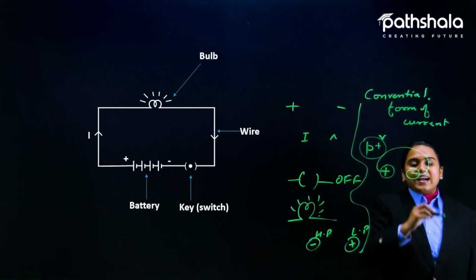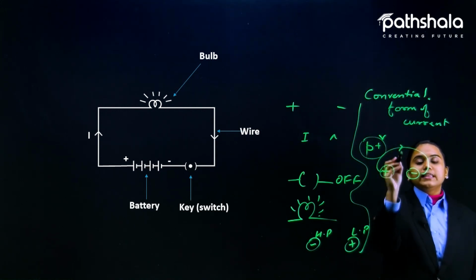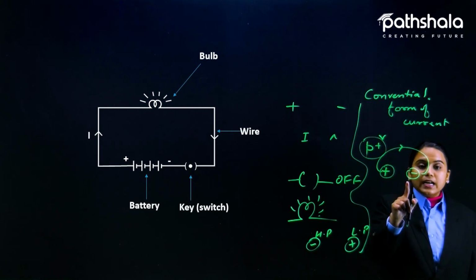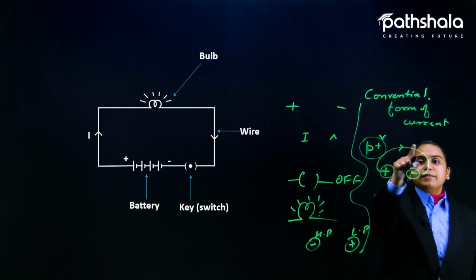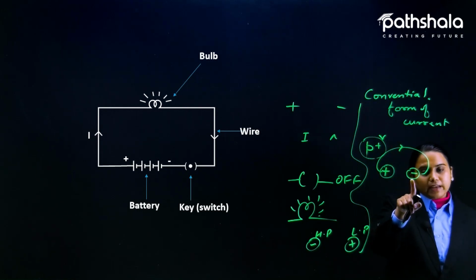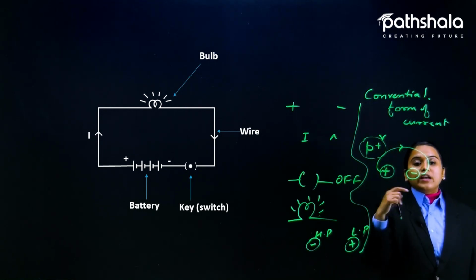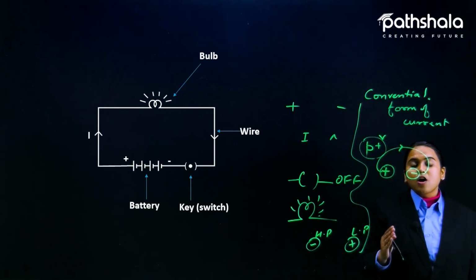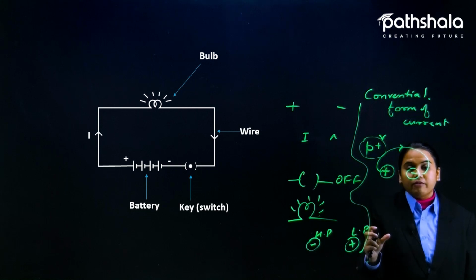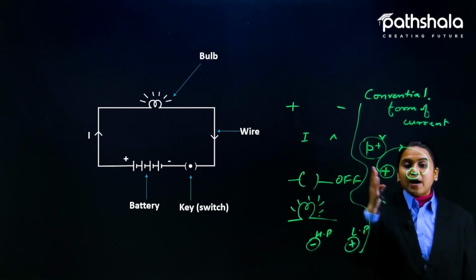That is our traditional method of using the electric current. So the protons move from the positive terminal towards the negative. But now we come to know that protons are actually heavier than electrons. They are part of the nucleus itself and cannot be separated from it.